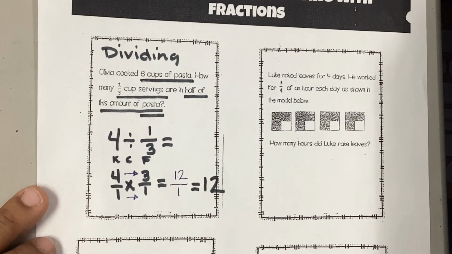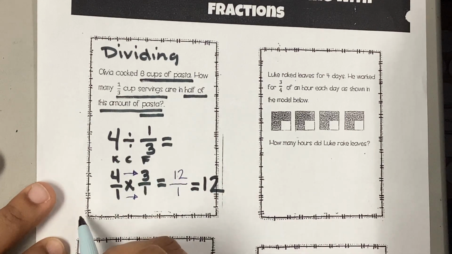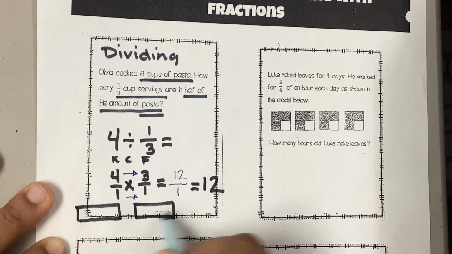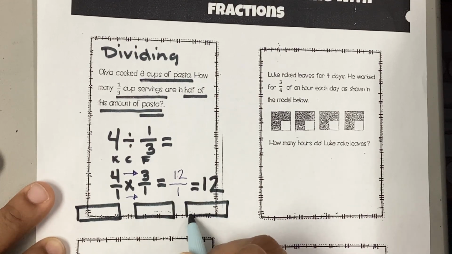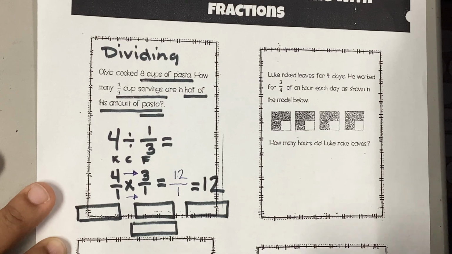If you wanted to model this, in order to model, you will need to show your 4 cups of pasta. And it's best to do this as bars. So we have 1 cup, 2 cups, 3 cups, and a 4th cup. And we're going to take those 4 cups and we're going to divide them into thirds. So we need 3 sections.